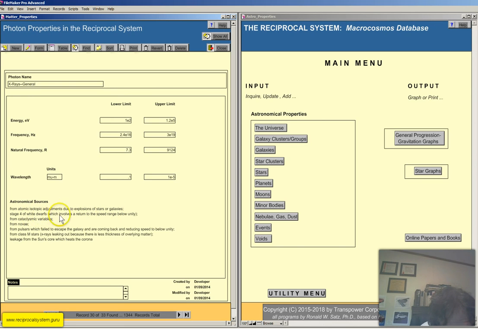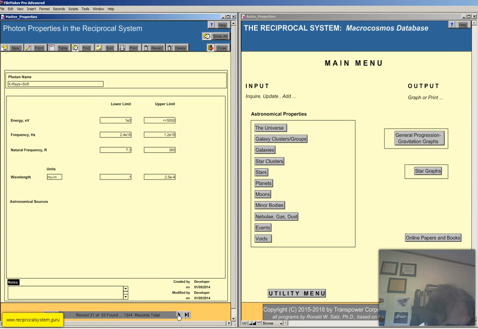Stage 4 of white dwarfs, which involves a return to the speed range below unity, comes from cataclysmic variables, from novae, pulsars which fail to escape the galaxy and come back, reducing speed to below unity. From class M stars, X-rays leaking out because there is less thickness of overlying matter, and leakage from the sun's core, which heats the corona. Okay, that's X-rays in general.